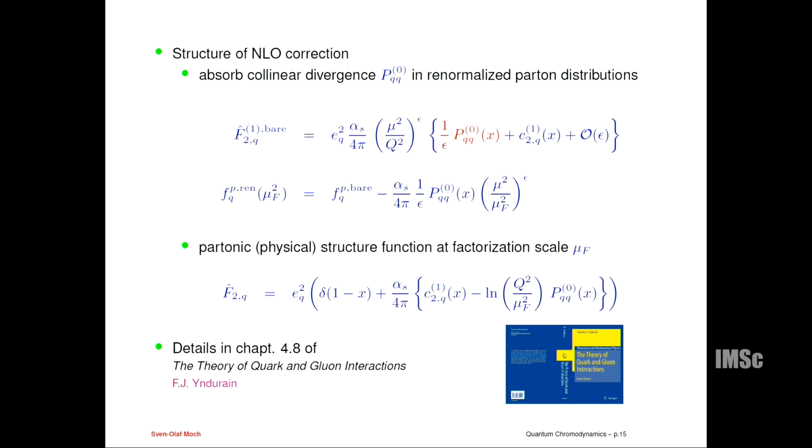So the price of doing this collinear factorization is that, on the plus side as a benefit, I get a finite cross section, and on the minus side, the price I have to pay is that at fixed order in perturbation theory I'm retaining some logarithms of the factorization scale, and those logs are responsible for residual scale dependence in my physical structure function.